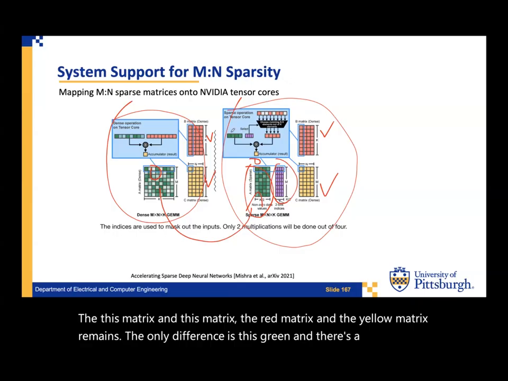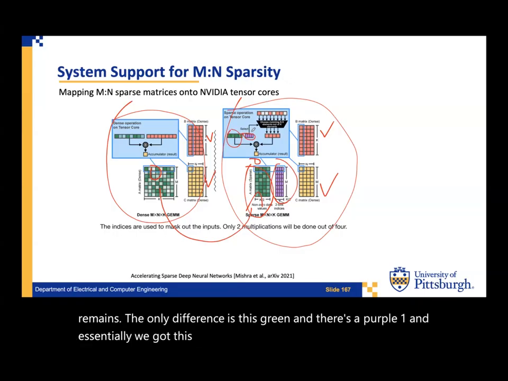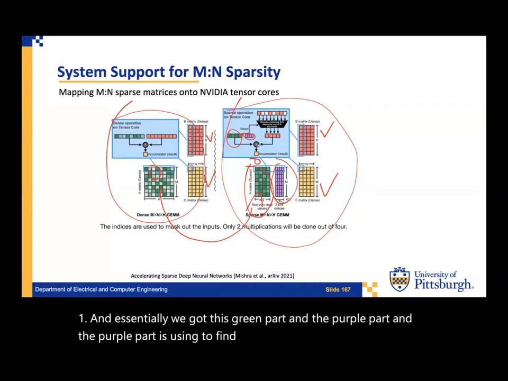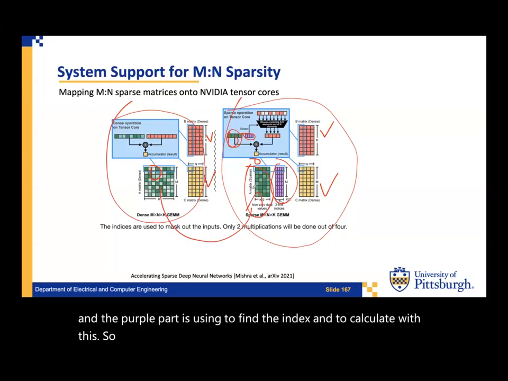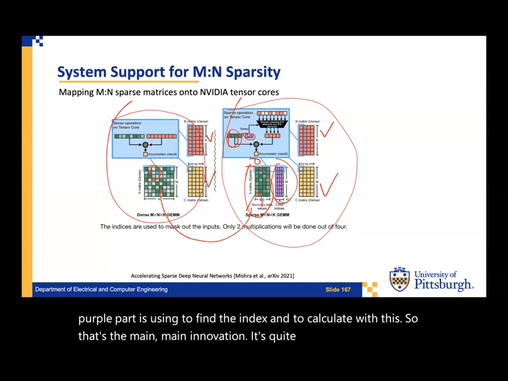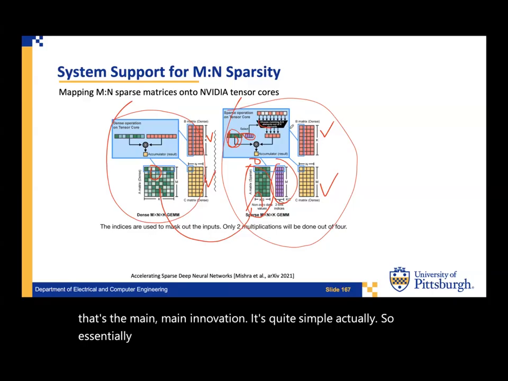We got this green part and the purple part, and the purple part is used to find the index and to calculate with this. That's the main innovation. It's quite simple actually. Essentially, this is a selector and this is a mux.